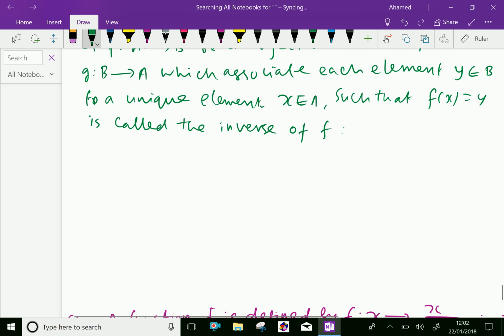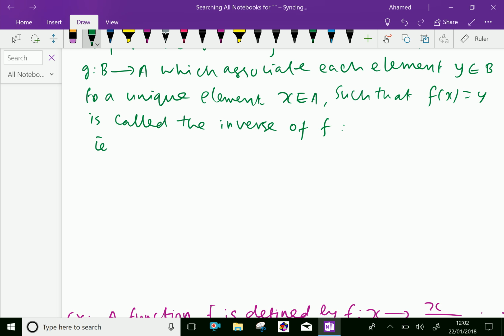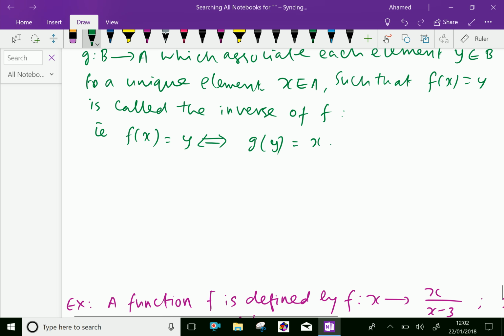That is, we can say f of x equals y, such that g of y equals x. So the inverse function can be denoted in a ray diagram like this: suppose this is x, this is y.